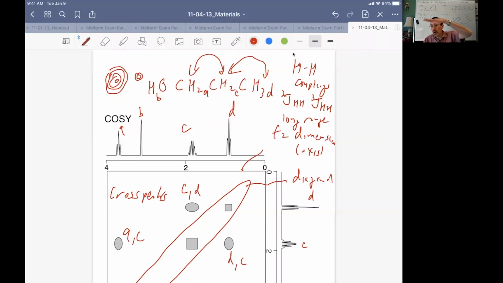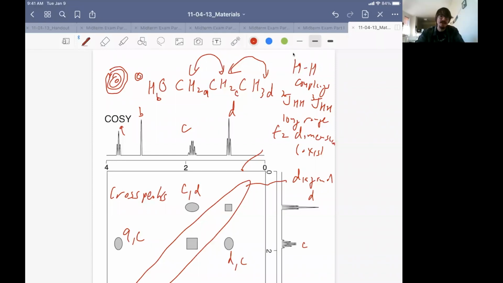If you go too high, you'll miss some, but if you go too low, you'll get down into noise. But nevertheless, very weak couplings like meta coupling on a benzene ring might be harder to pick up. Or if you've got a long-range coupling, you might or might not pick it up depending on where you've cut your levels. Other questions?